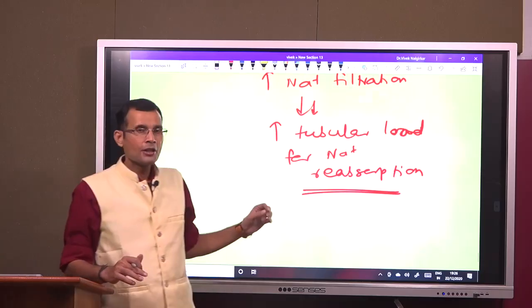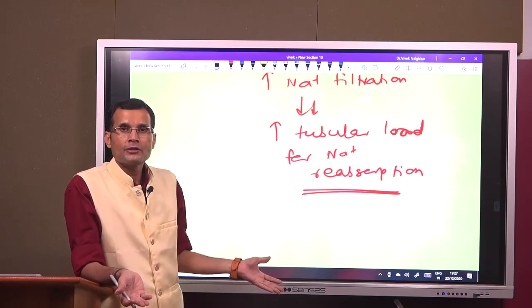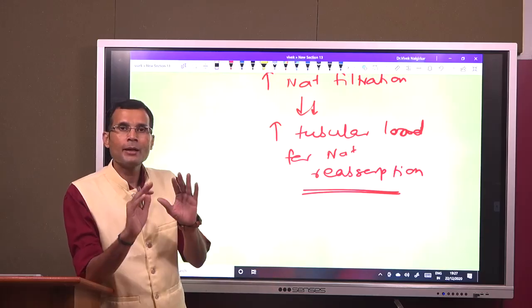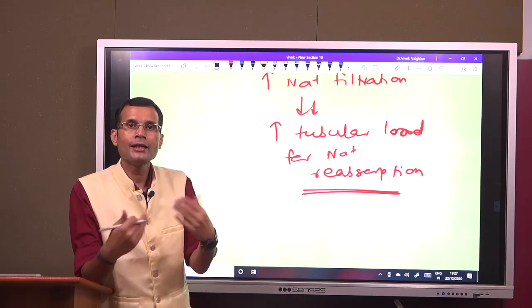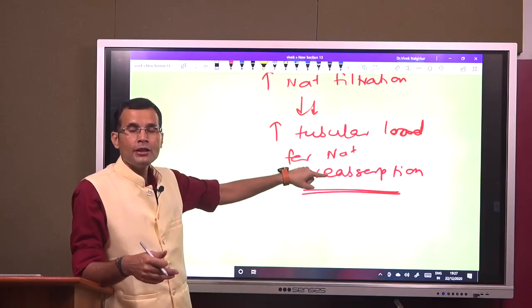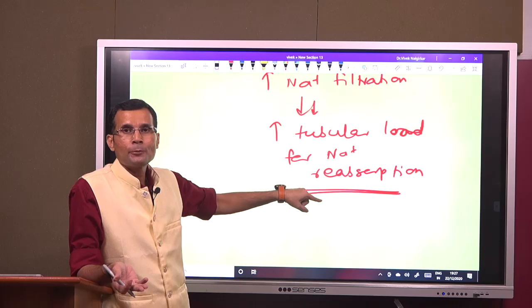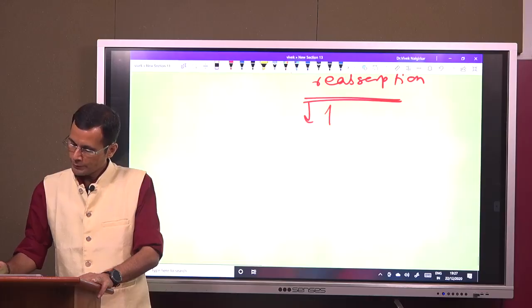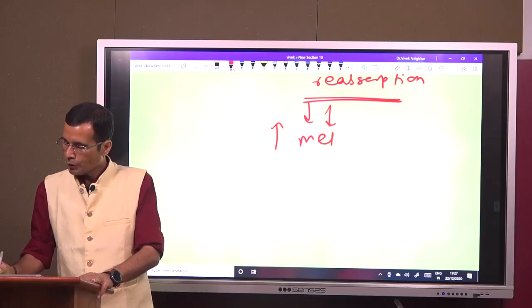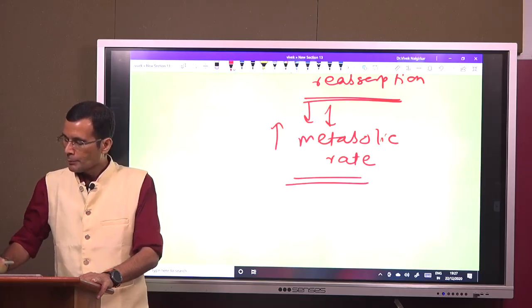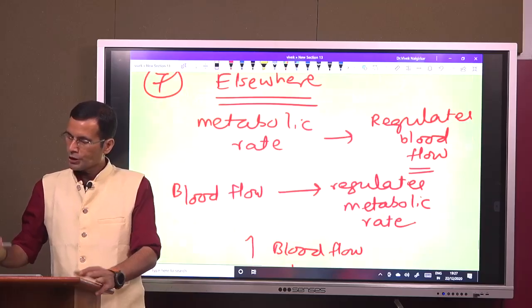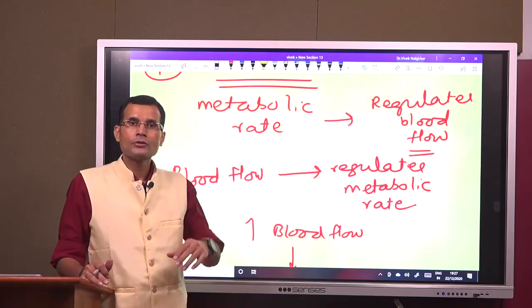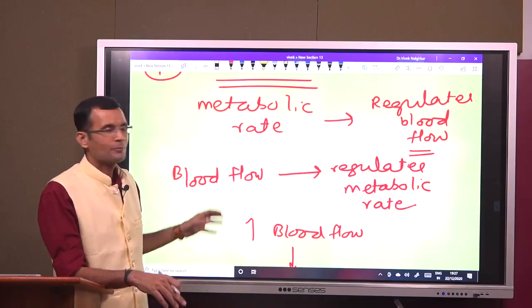Increased tubular load for sodium reabsorption, isn't it? And we have already seen this some time back, that the metabolic rate is directly linked to the rate of sodium reabsorption. So, increased tubular load for sodium reabsorption means there will be increased metabolic rate. So, please remember, the metabolic rate, oxygen consumption, ATP breakdown is regulated by the blood flow.